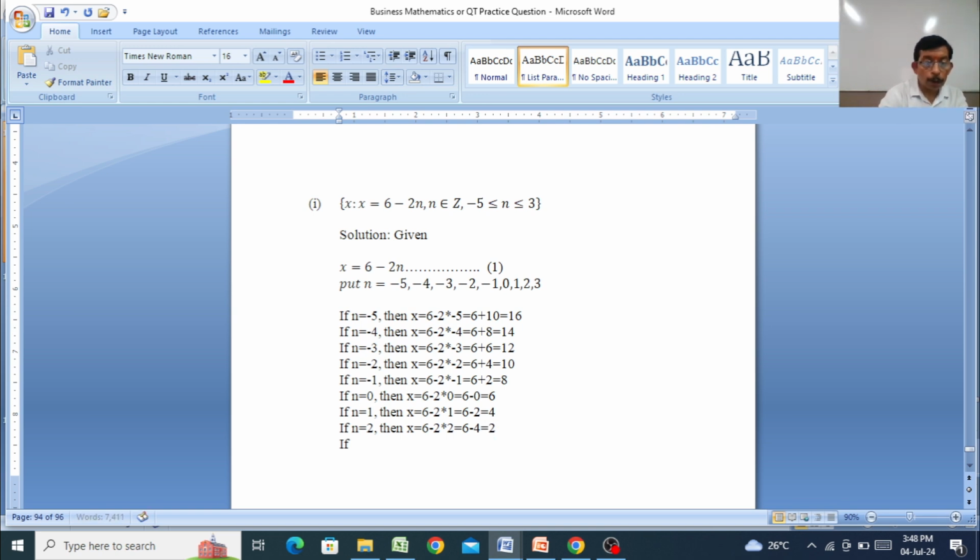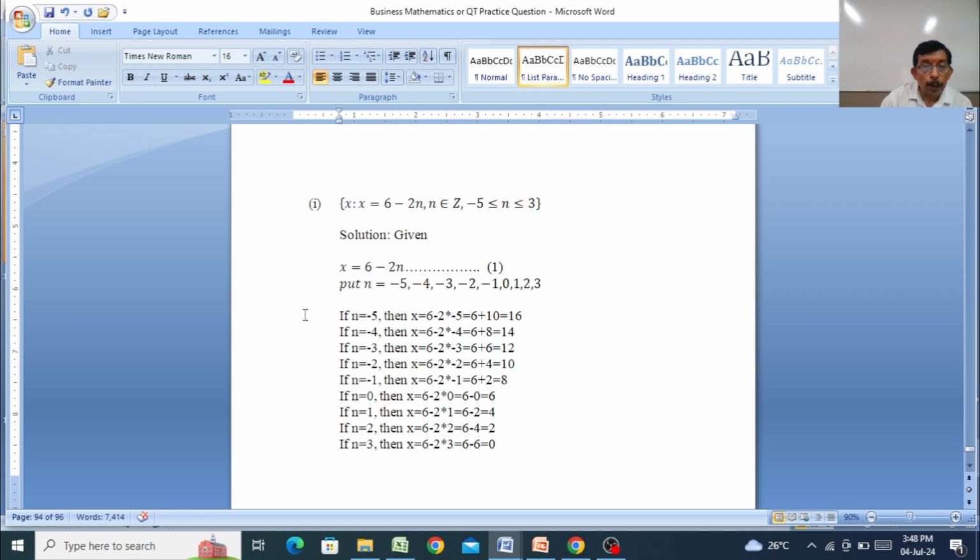If n is equal to 3, then x is equal to 6 minus 2 into 3 is equal to 6 minus 6 is equal to 0.